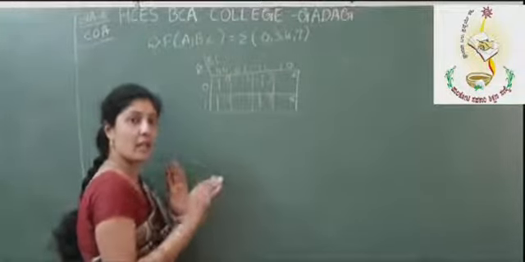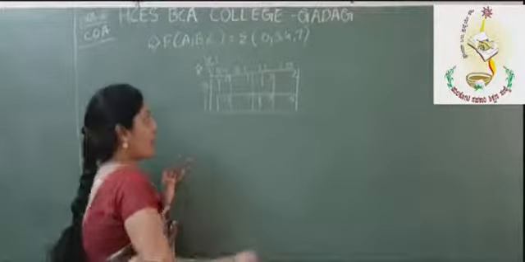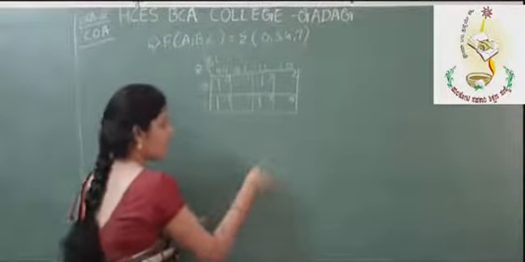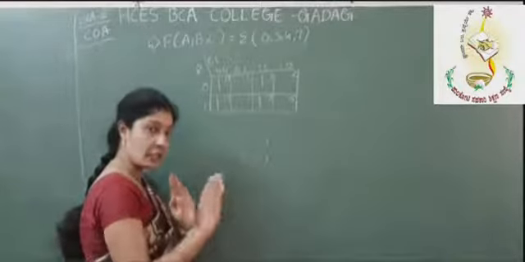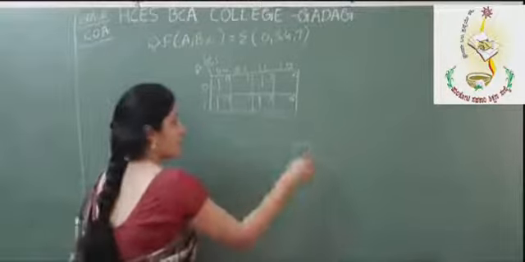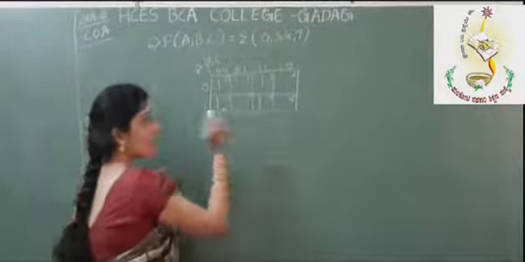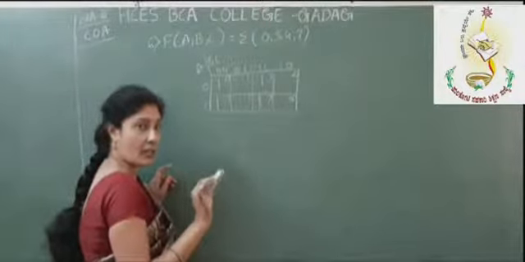So this cannot be made as a quad. That you have to remember. To make a quad, they must be adjacent to each other, or else they must be at the terminal, I mean exactly at the end. If it is like this, this cannot be made as a quad.